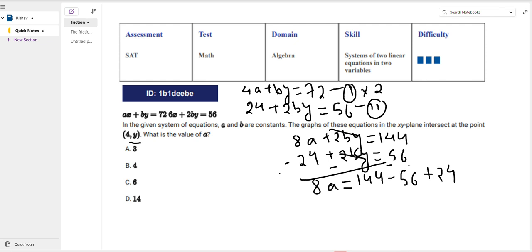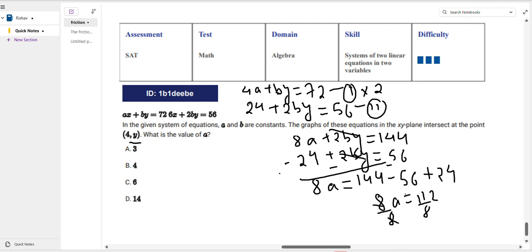It is 112. So 8a equals 112. Dividing both sides by 8, we get a equals 14. So the required value of a for this equation is 14. So our answer is D. Option D is our correct answer, 14.